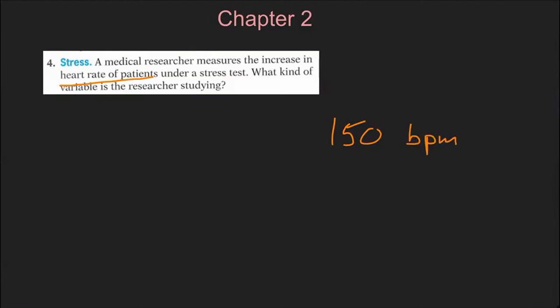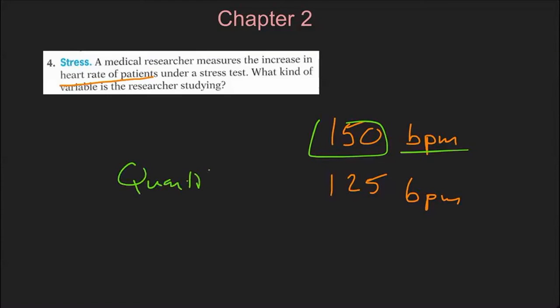How many times does your heart beat per minute? It's 150 BPM, or maybe 125 BPM, and so on. So these are potential values of our variable. Are these numbers with units? We got a number, we got units, so it is quantitative.